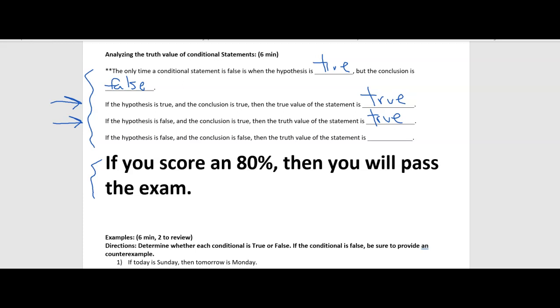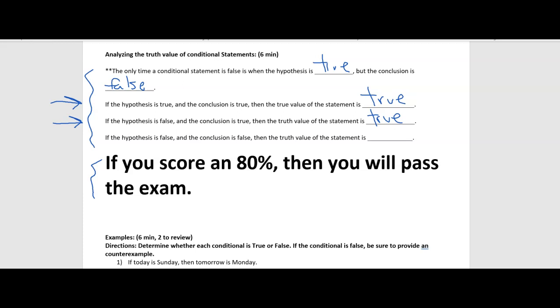Okay, so they didn't score an 80%, they scored a 90%. Well, what about the conclusion? Could you still pass with a 90%? Well, of course you could, right? If you're going to pass with an 80%, then you are sure going to pass with a 90%. So it's possible for the conclusion to be true, but the hypothesis to be false.